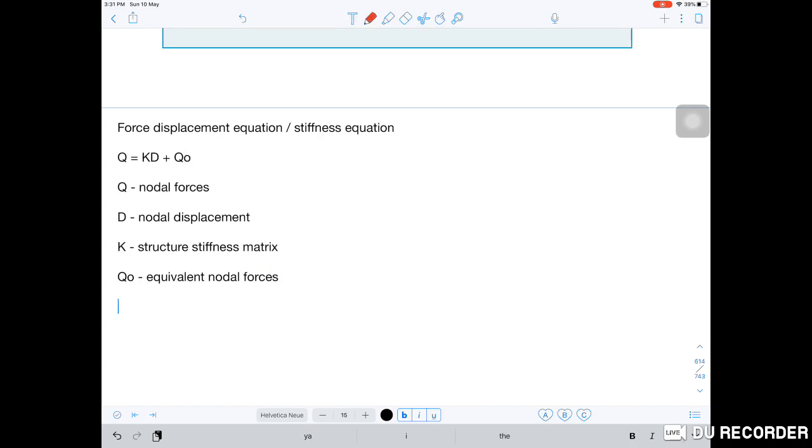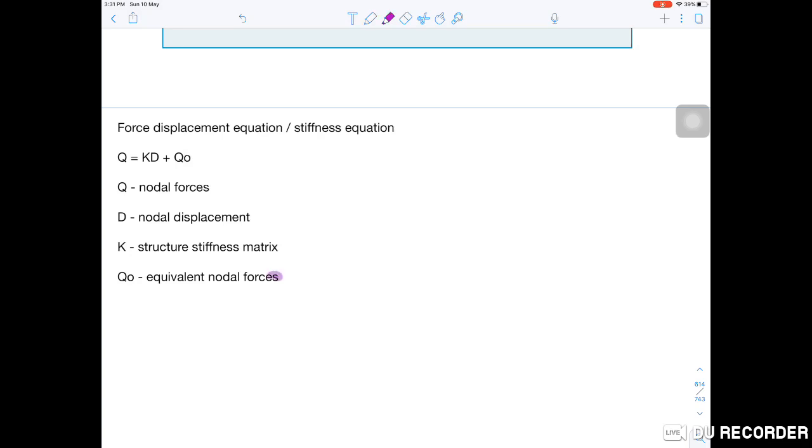Equivalent nodal forces, this is the one that I want to discuss right now. What is actually equivalent nodal forces? What's the difference between nodal forces Q and equivalent nodal forces? Equivalent nodal forces can be distributed into three conditions that we need to consider as Q naught. Condition number one is fabrication error.